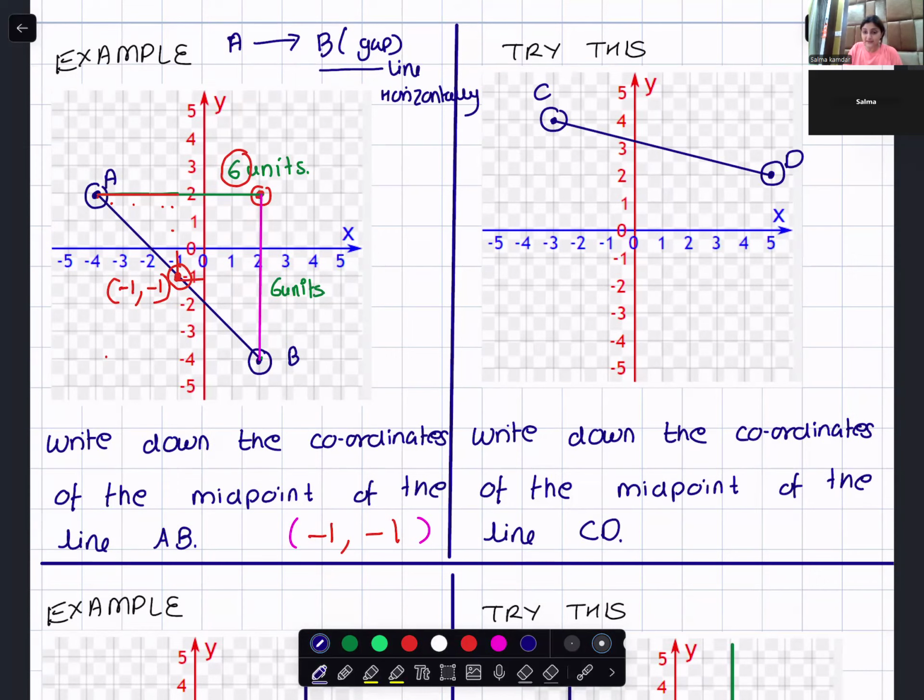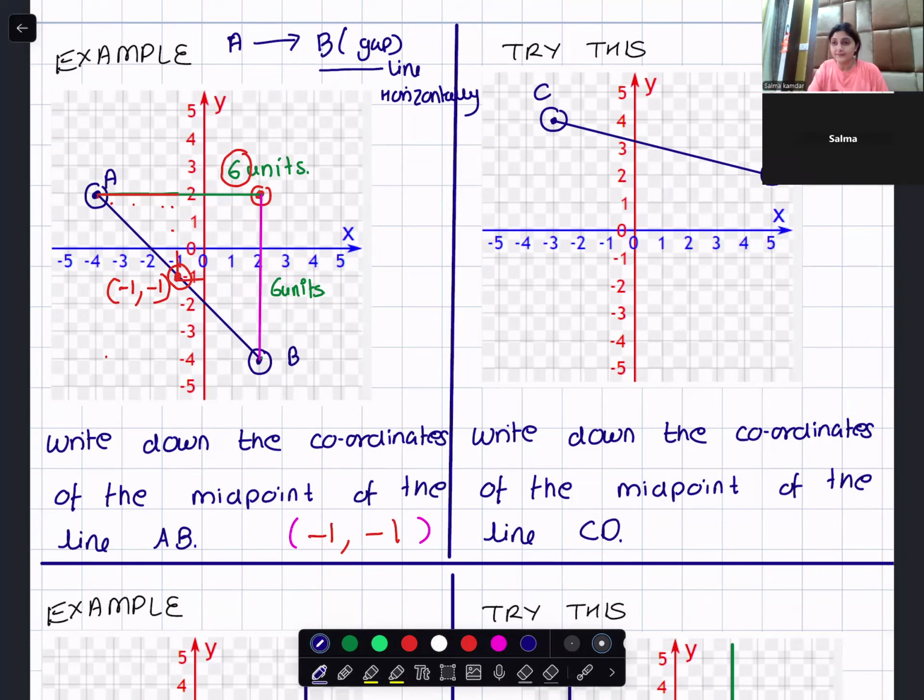Now I want to find the coordinates of the midpoint of line CD. We'll check from C to D, a horizontal line. 1, 2, 3, 4, 5, 6, 7, and 8.